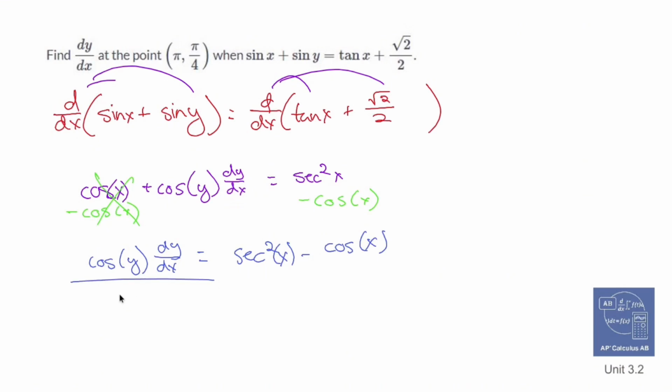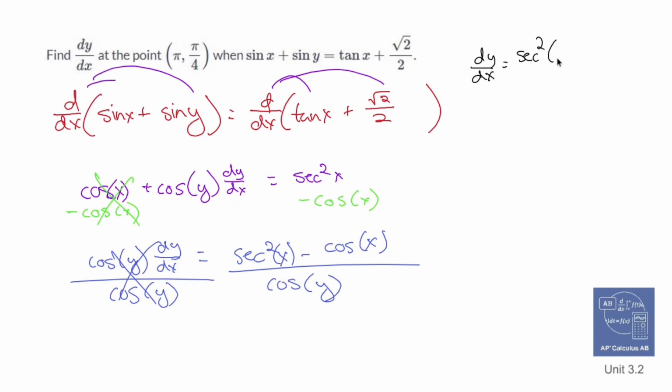Divide everything by cos y. And let's not bother trying to simplify anything because I'm just going to end up plugging stuff in anyway. So dy/dx is now equal to secant squared x minus cos x over cos y.